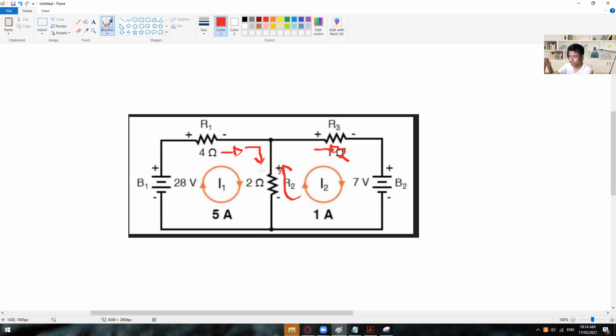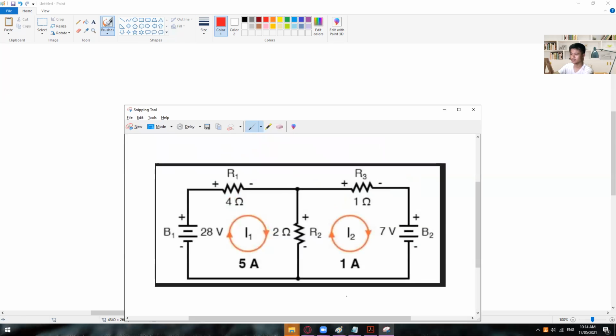So for the final flow, we're going to have this flow of current right here. It's just that instead of having 5 amps here and then 1 amp here, this one now will become 4 amps. So 5 minus 1 amp. So basically just deduct the lesser current, and then follow the stronger current.